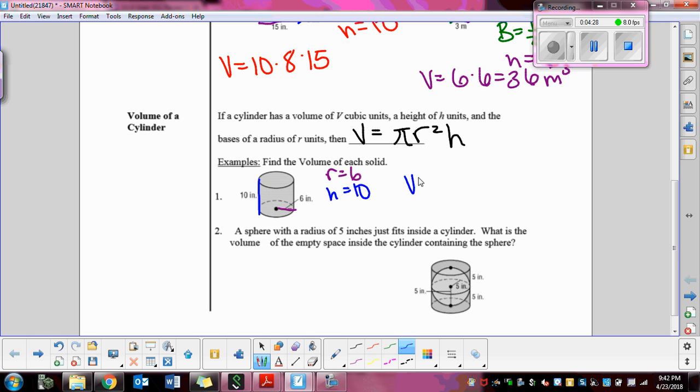So we have volume equals pi radius squared times your height. So 36 times 10 is 360 pi. And you can put the units afterwards, which is inches. And then remember, volume is in the third dimension, so that's cubed.